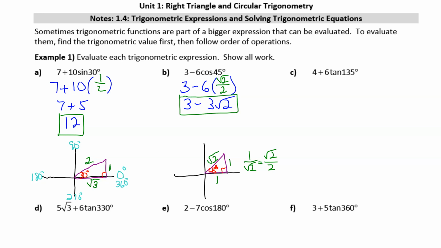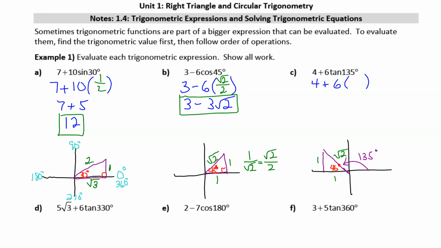In C, we'll need to find the value of tangent of 135 degrees. We can draw axes and recognize that 135-degree angle terminates in the second quadrant, with a corresponding reference angle of 45 degrees, since 135 plus 45 is 180.